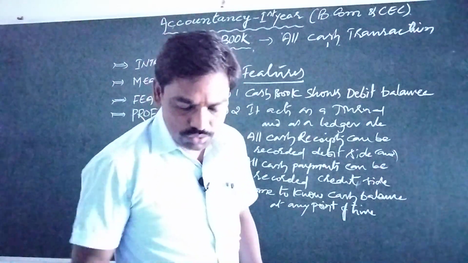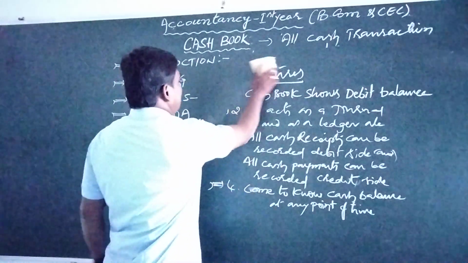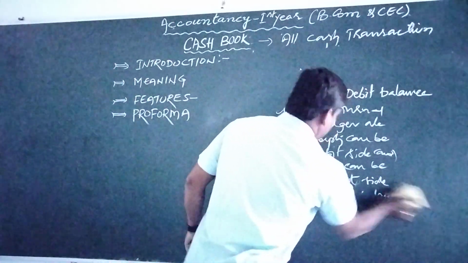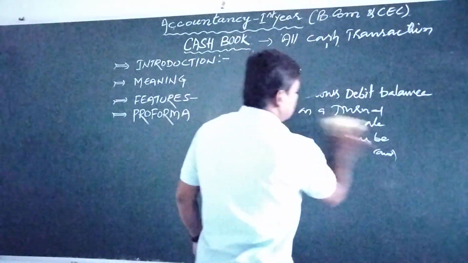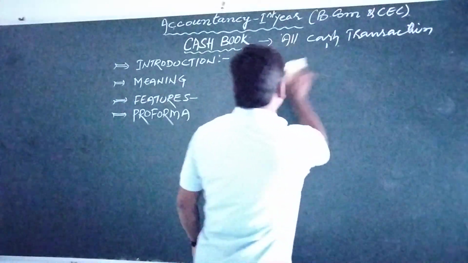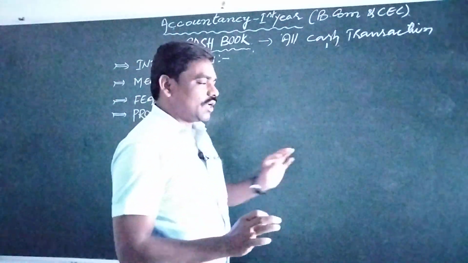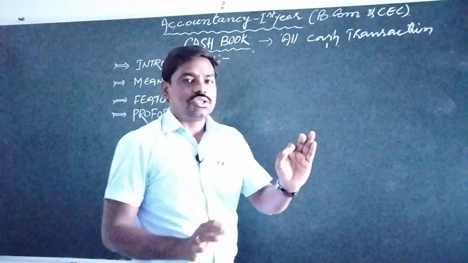Now let's see how we are going to prepare the cash book, the proforma of a cash book. I already told you the cash book is like a ledger account.